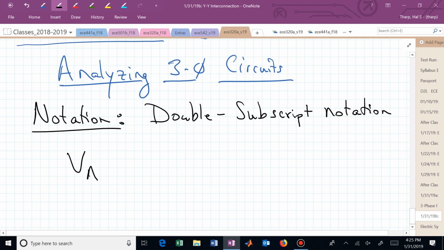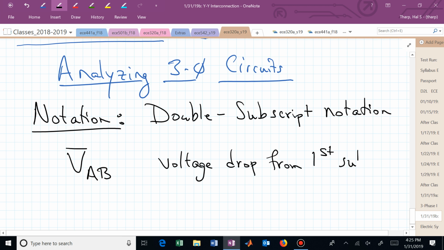And in particular, if we said something like V sub AB, then that's going to be the voltage drop from the first subscript to the second subscript.